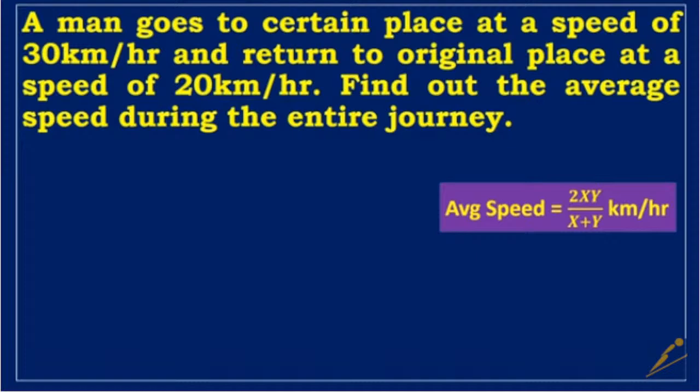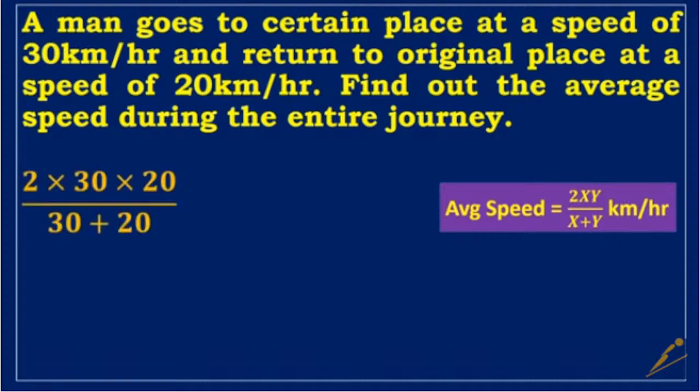To find the total time, you need to know the time taken for each segment of the journey and add them together. Time taken for the first segment is equal to 9 kilometers divided by 3 kilometers per hour, which is equal to 3 hours. Similarly, time taken for the second segment is 25 by 5 equals 5 hours. Time taken for the third segment is 30 by 10 equals 3 hours.